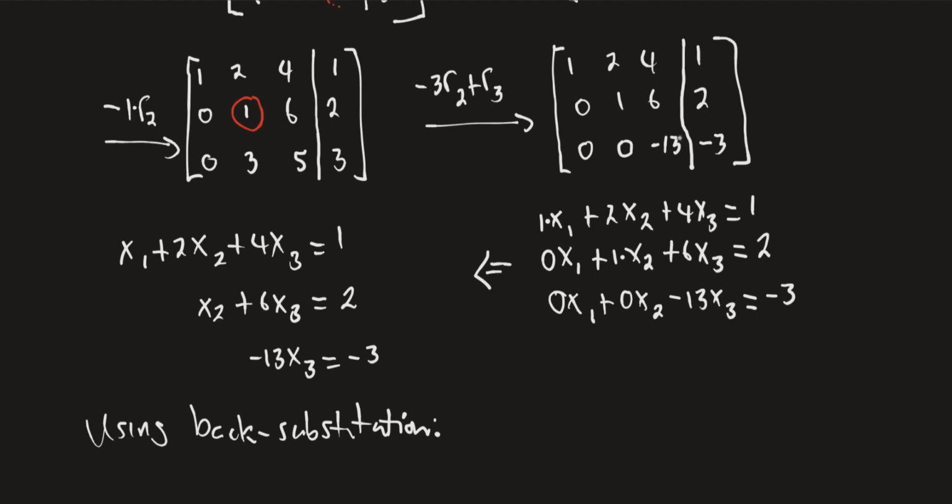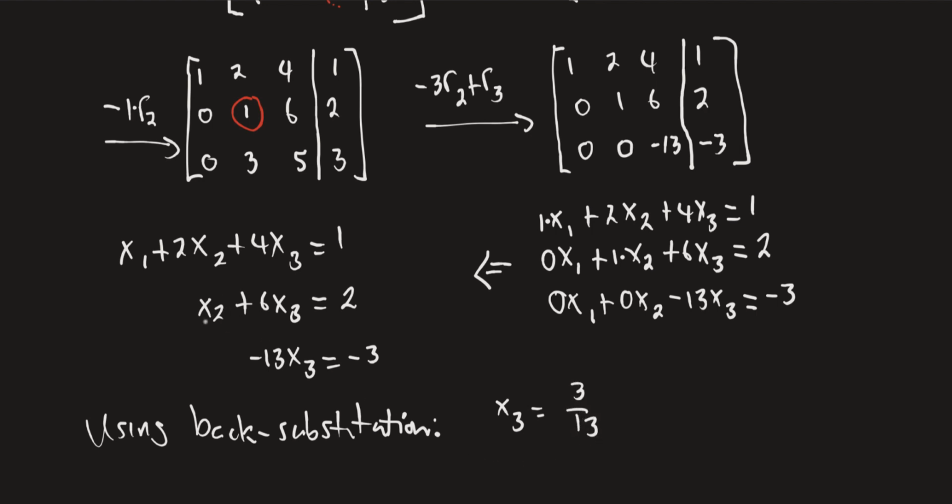If I wanted to make this entry a 1, I would multiply by -1/13, which is the same as this operation here, dividing by -13. So there is an equivalence in terms of the algebra that you would use in your back substitution, and also the result of using a particular elementary row operation. But dividing both sides by -13 gives me that x3 is 3/13, right?